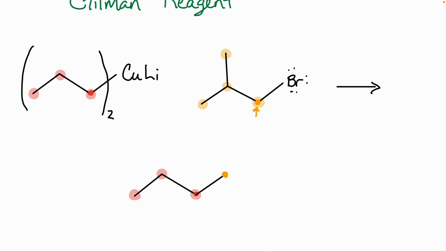Now I just have to draw in the rest of that fragment. There's this one, and that one. And so these are my 4 carbons from my alkyl halide. And again, I've created a new carbon-carbon bond.